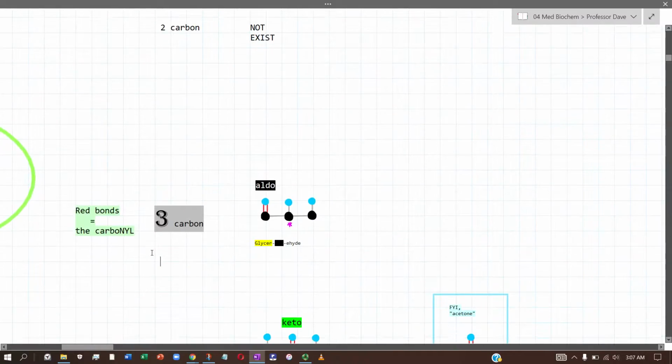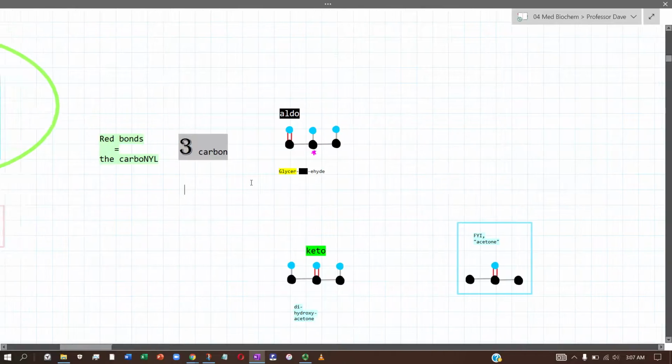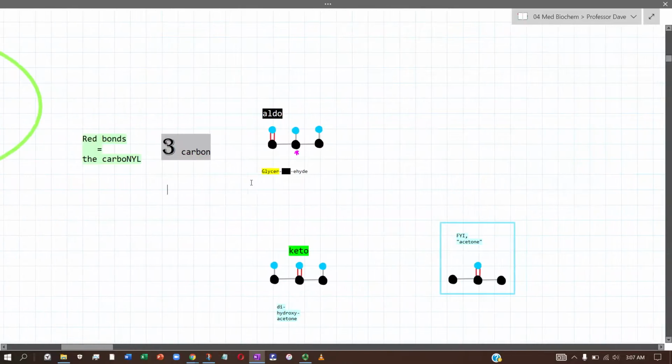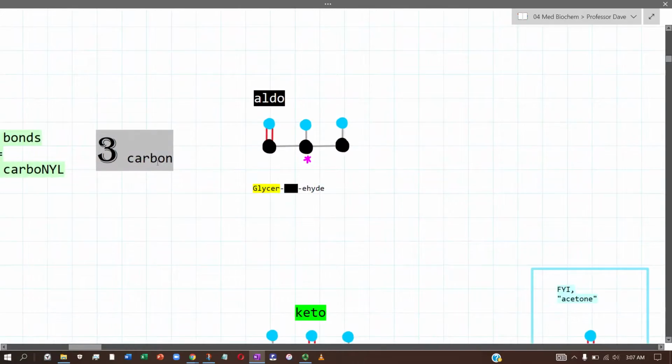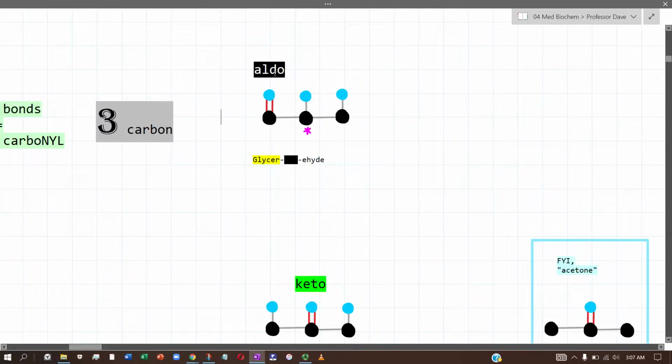So when it comes to three carbon sugars, there's always two things to consider. Where is the carbonyl located? Is it located at one of the ends of the molecule, or is it located somewhere in the middle? If it's located at one of the extremes, one of the tips, that's called an aldehyde.